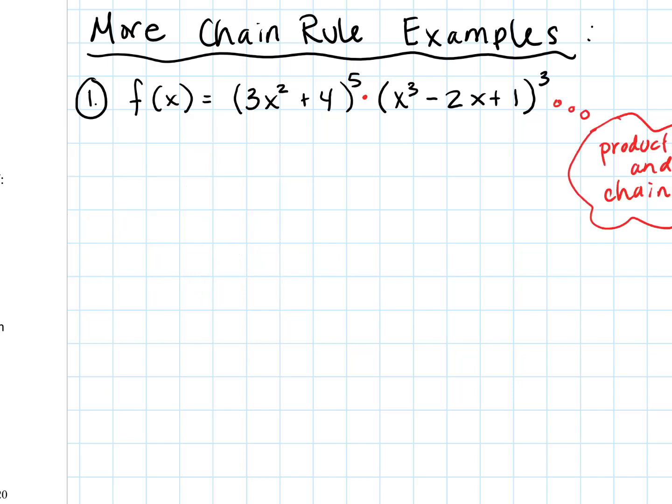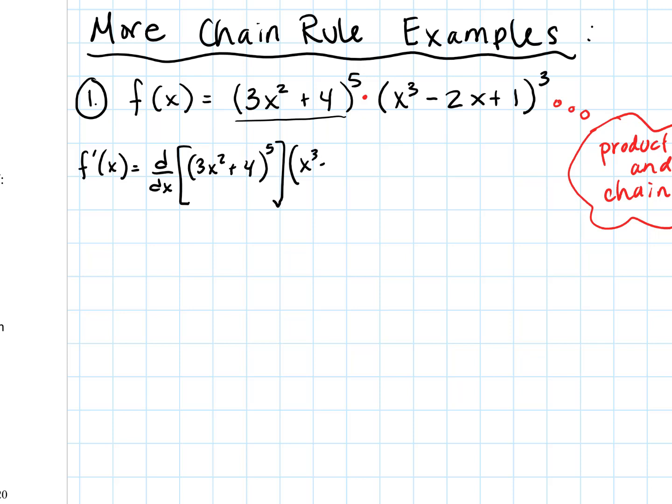All right. So as we're taking this, when we take f prime of x, remembering from the product rule that I have to take the derivative of the first function. So I'll write it all out. I'm going to take the derivative of 3x squared plus 4 to the fifth, and then I have to multiply by the second function, my g of x in the definition of the product rule, x cubed minus 2x plus 1 to the third.